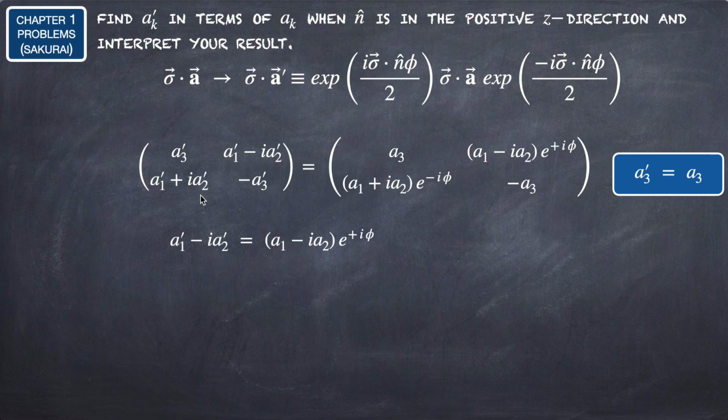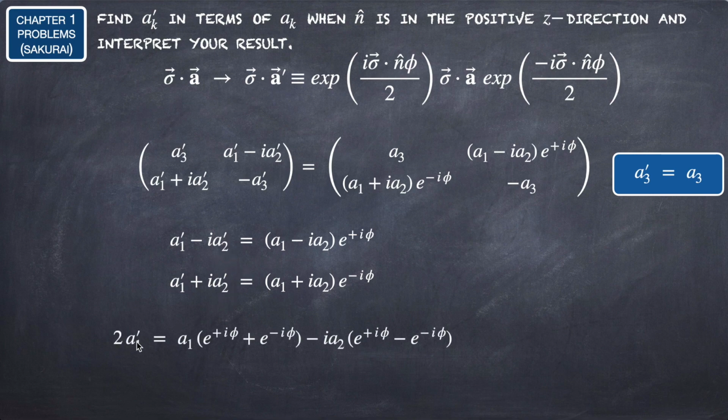The other ones, A1 prime minus i A2 prime is equal to this term. And then A1 prime plus i A2 prime is equal to this term here. If we sum these two equations, we will get 2A1 prime being equal to A1 as a factor multiplying the exponential with positive sign plus the exponential with negative sign, minus i A2, this is the factor we are going to use, and then we are summing these two equations.